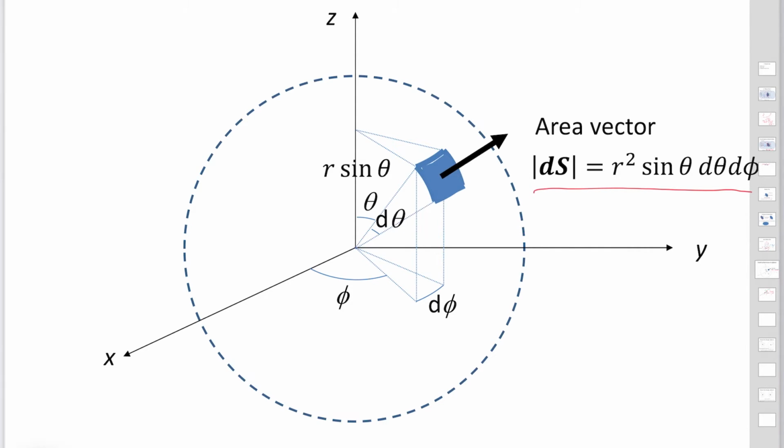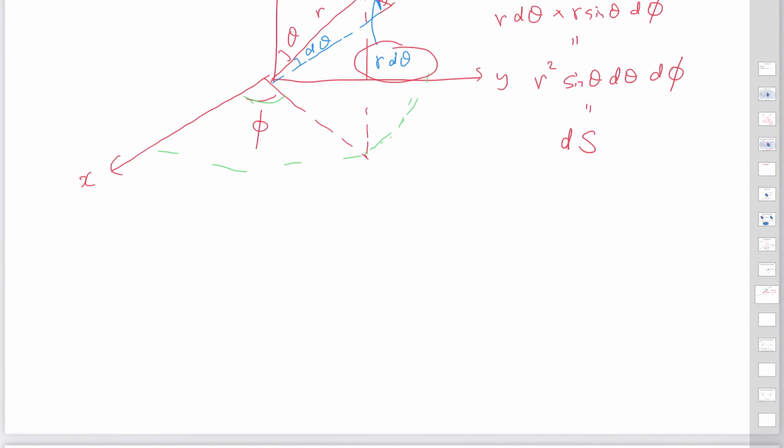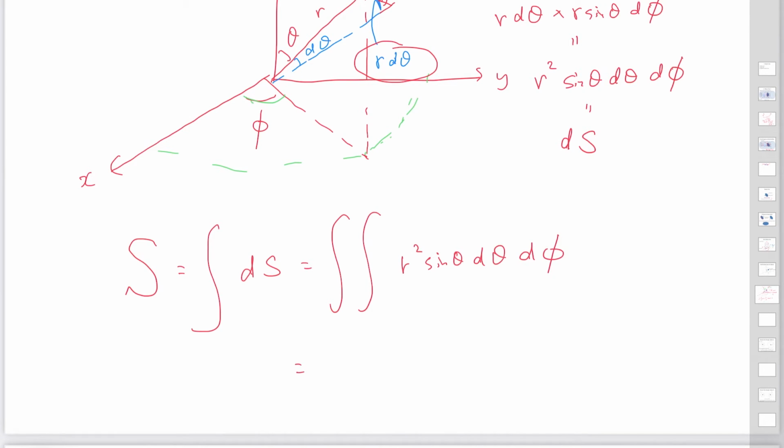You might wonder whether we could calculate the surface area of a sphere by integrating the small areas. The small area can be expressed as r squared sine theta d theta d phi.